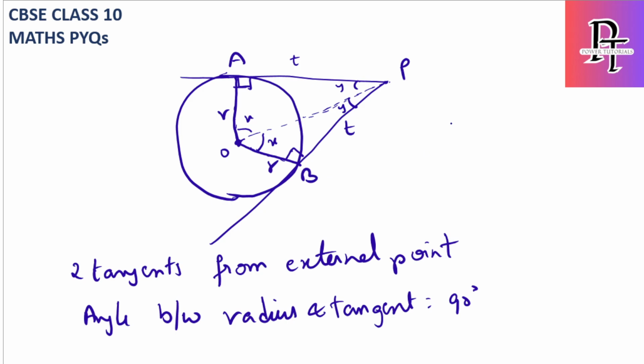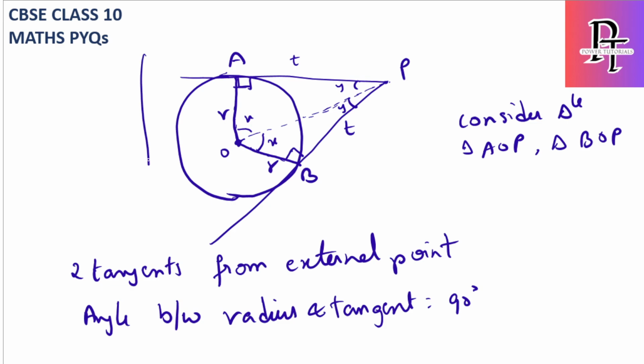So consider triangle AOP and triangle BOP. Before that, as per the tangent properties, what should be the properties of a tangent?